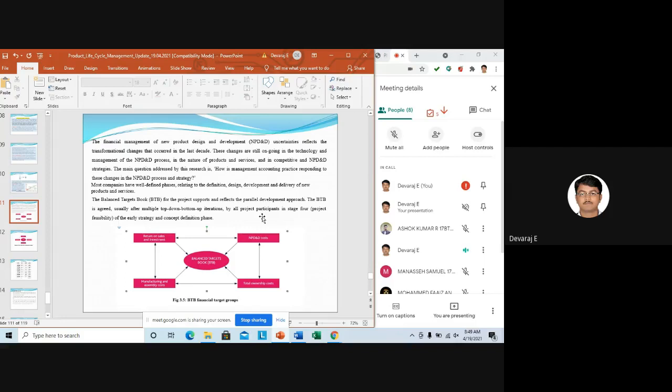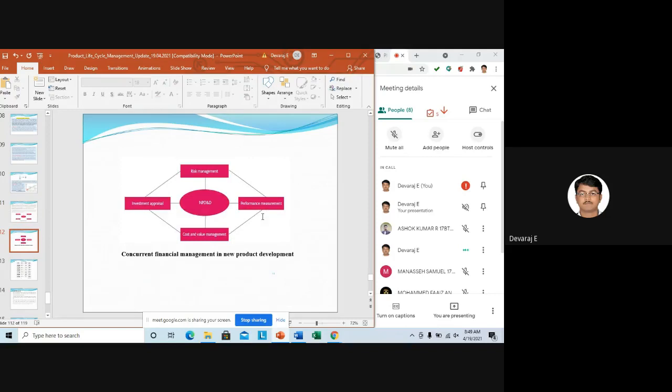Then what is the sales? What is the total investment cost the company is putting into a new product development, and how much sales has happened for that particular month, and how much revenue they are getting? In this, there is risk management regarding the new product design and development phase.